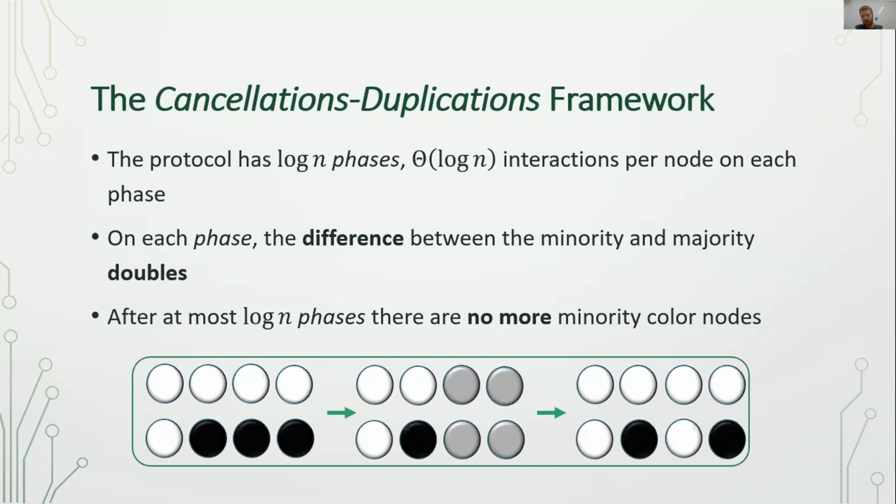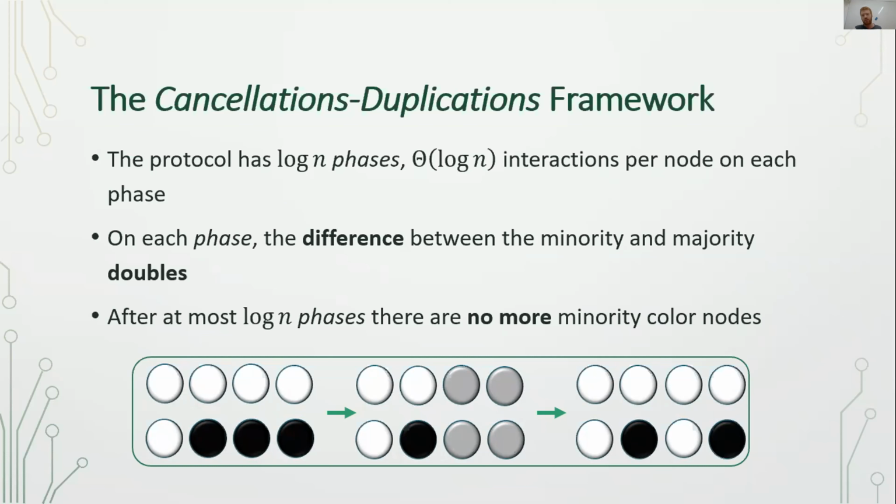The framework that most protocols use, and that we also use, is the cancellation-duplication framework. We have log n phases in the protocol, and in each phase we have two stages, as you can see in the illustration. There is a cancellation stage where blue and black nodes interact and cancel each other into empty color nodes. After a cancellation stage, most of the nodes are empty.